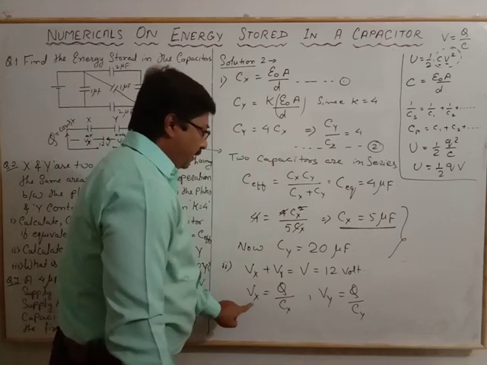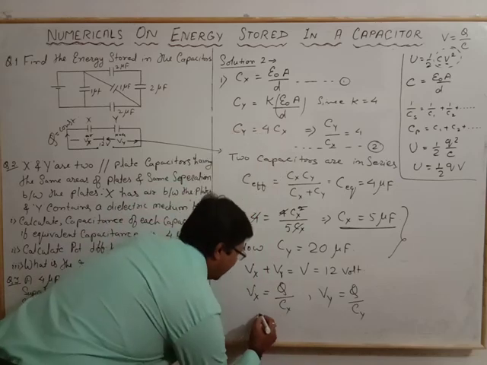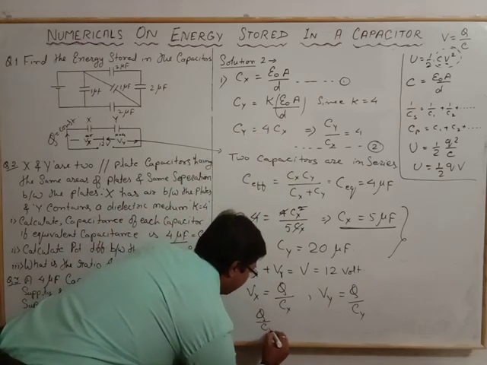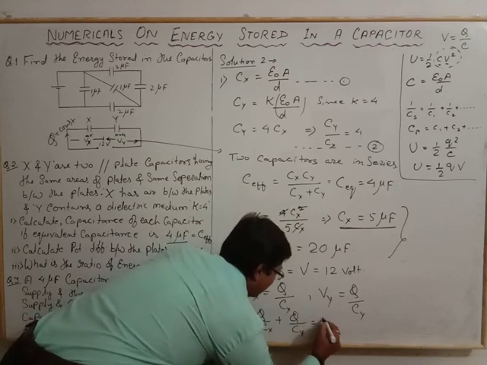So whenever we put these two values in the above relation, it becomes Q by Cx plus Q by Cy is equal to 12 volt.